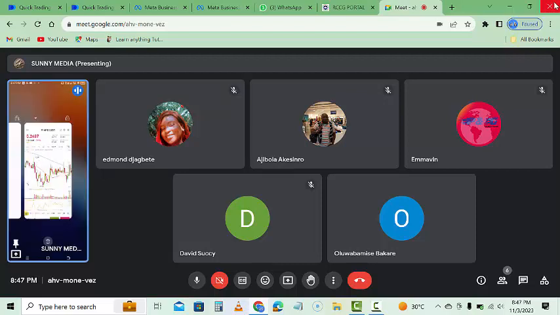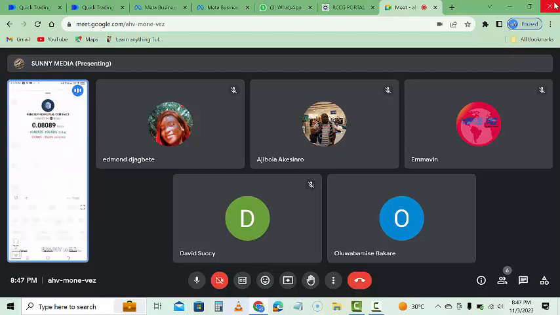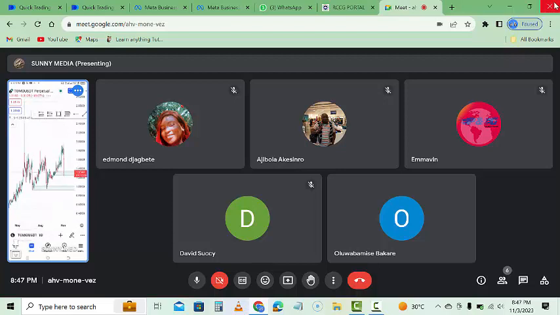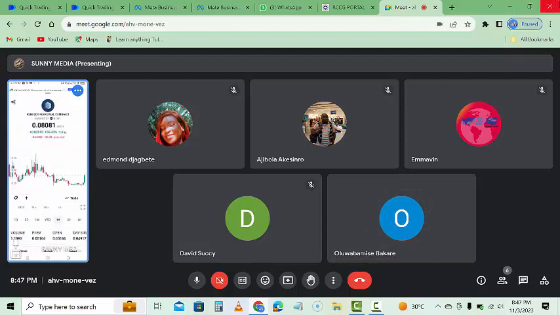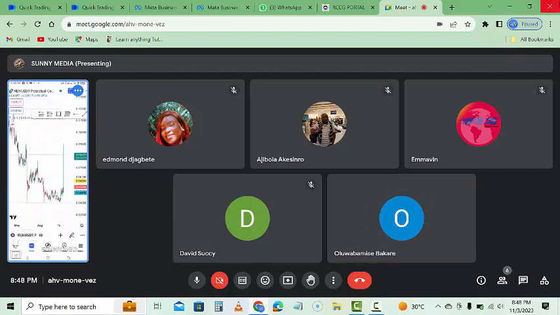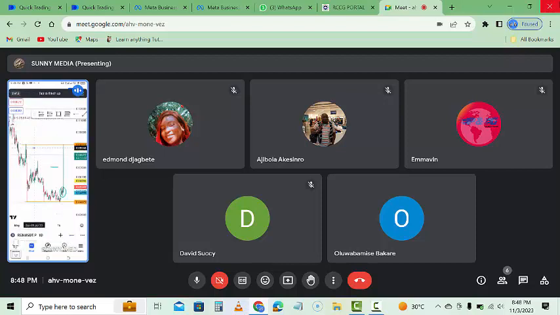I've also told you guys before that if the pin bar breaks above it, let's still use this one for example, like this zone where I say I would have gone short from.